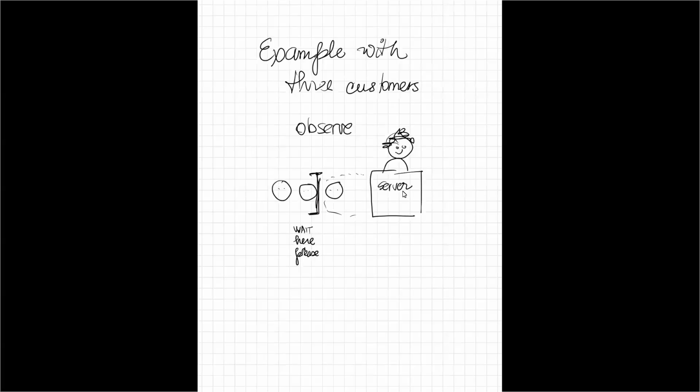Okay, what we're going to see is a series of events. An event could be when a customer arrives. And what happens when you arrive?